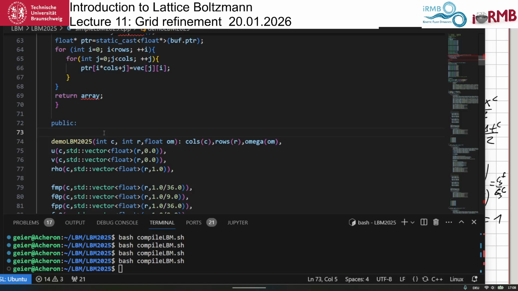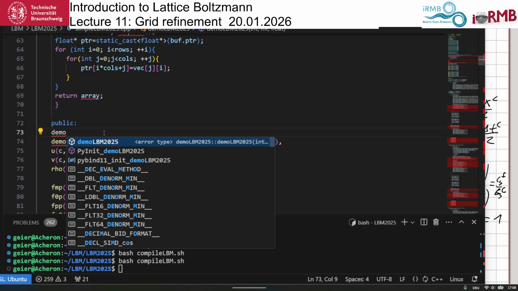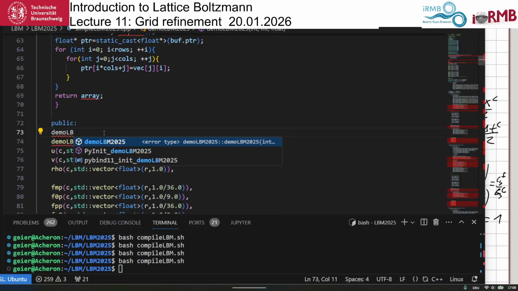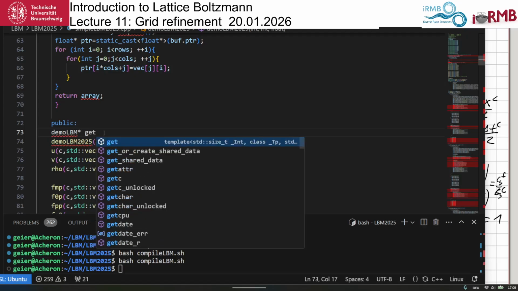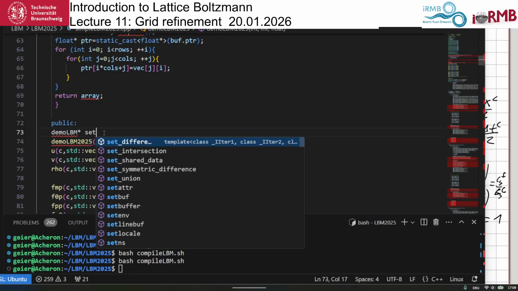We have as a return value a pointer to demo LBM. Do I do it like this, or is it in front? Get, set.